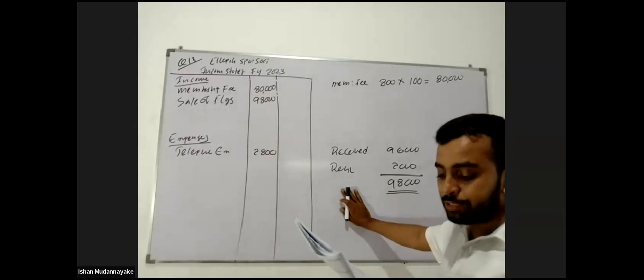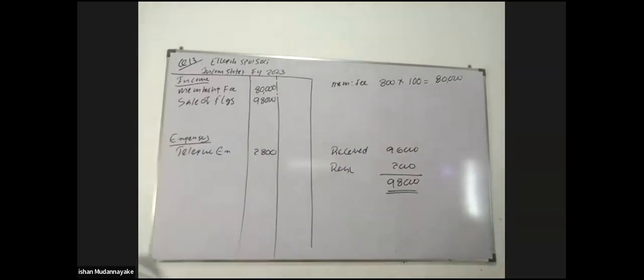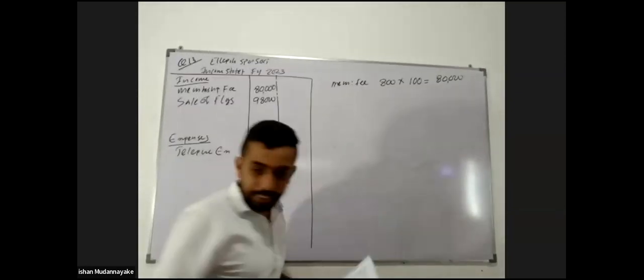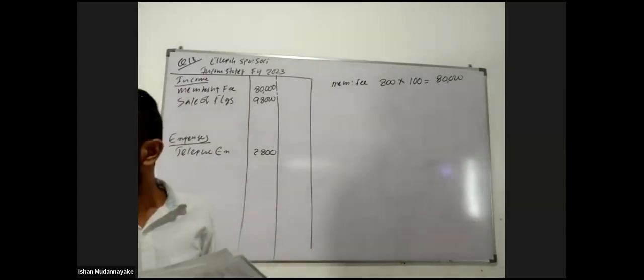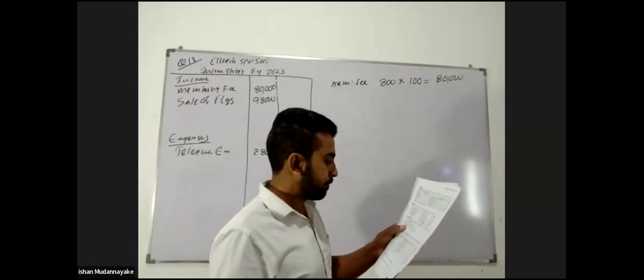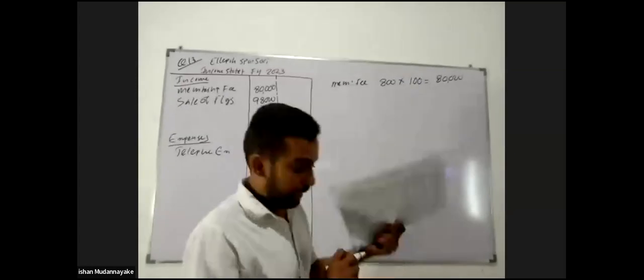Prepaid electricity expenses 200. Students, electricity expense paid amount how much? 1,600.